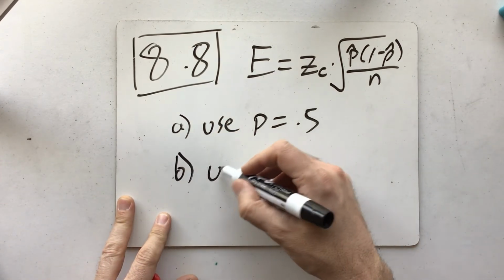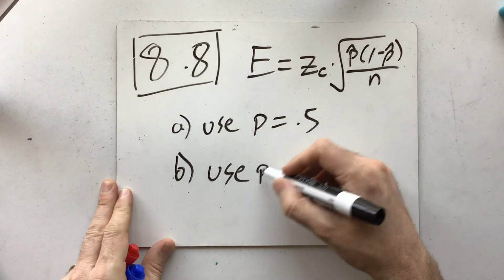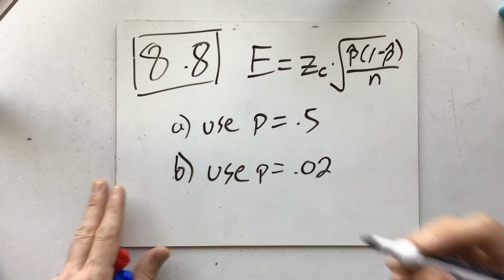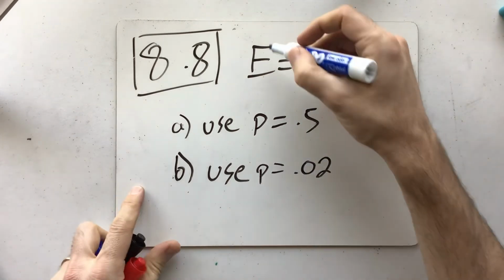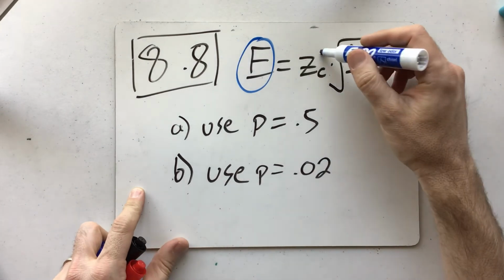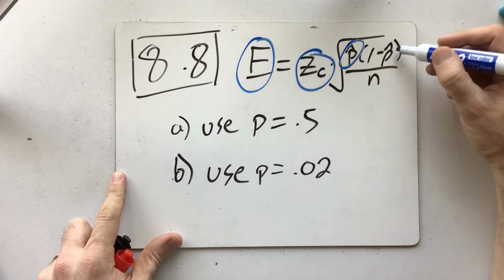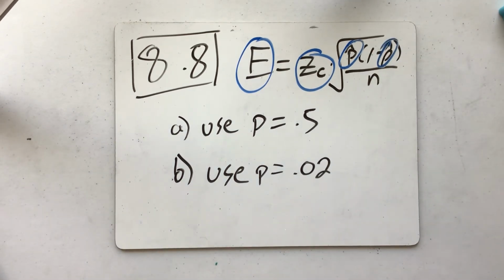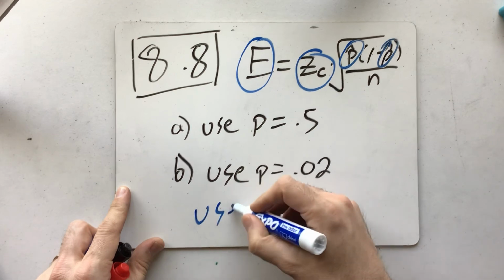And in part B, the researcher has a little bit better approximation, so he used p equal to 0.02. What do we do? Well, we put the error from the problem right here. We put z_c from the problem, which would be that 1.64 we calculated, and then we put our p in both of those places. And then you do a bunch of algebra and solve for n.